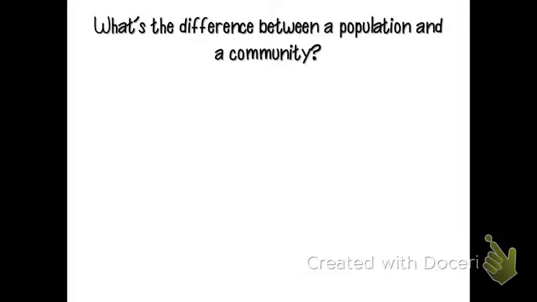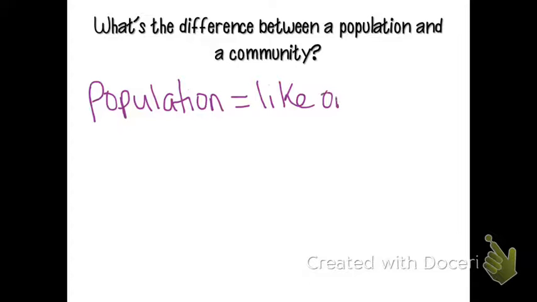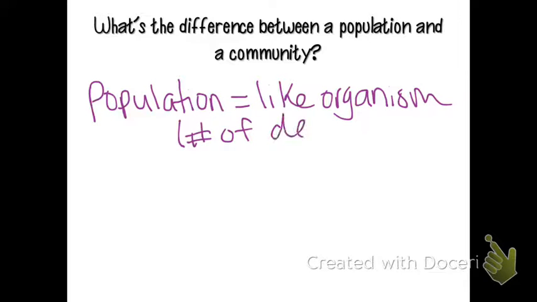So the question here says, what's the difference between a population and a community? Well, a population equals like organisms. So this would be like the number of deer living in a forest. Okay, that would be a population of deer.